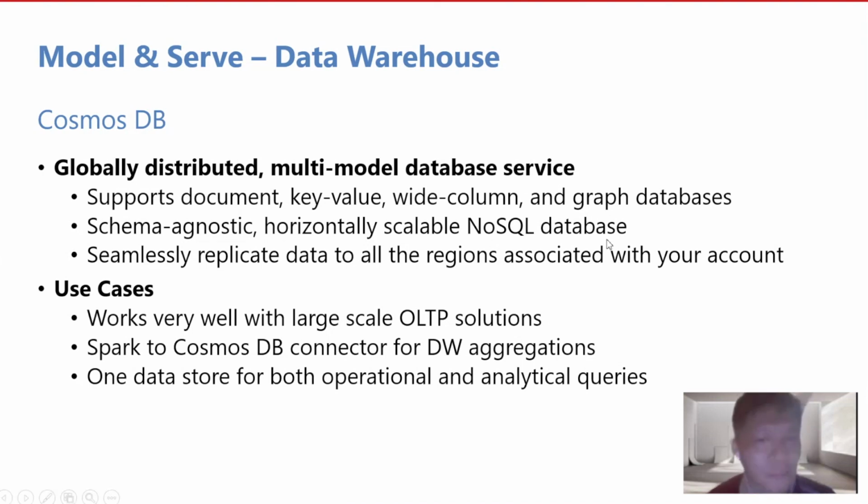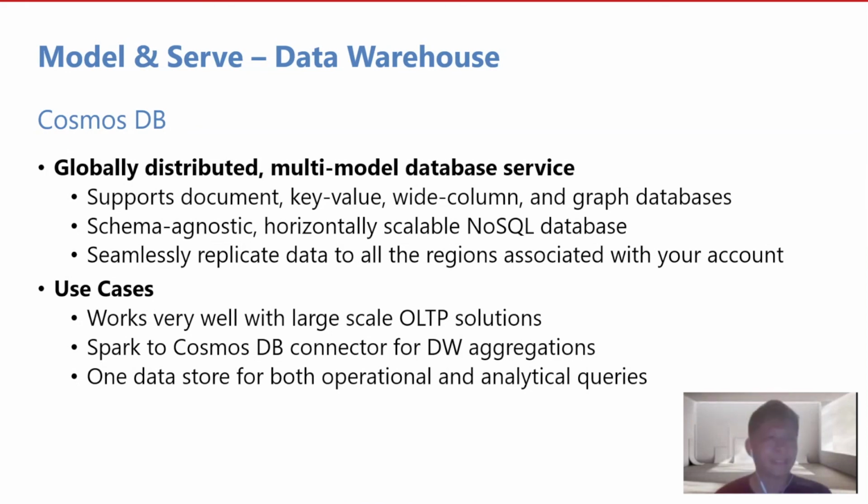So again, this is more suitable for OLTP compared to OLAP, but there is a Spark connector for Cosmos DB where you can push the data to Spark streaming for data warehouse aggregations.